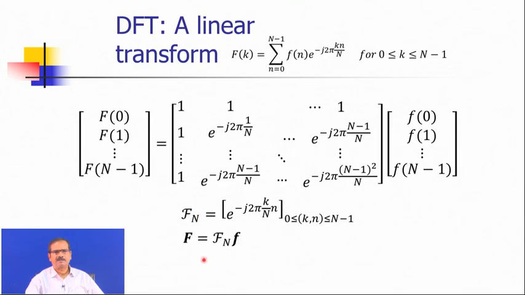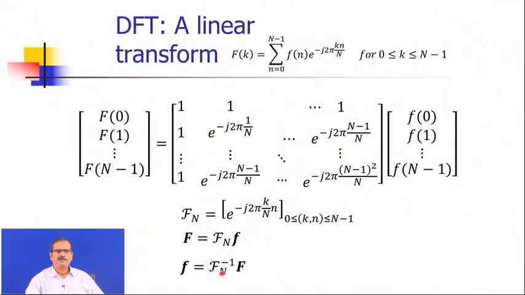So, in a forward transform, we are simply multiplying this transformation matrix with the column vector f, and then we get the output transform vector, which is actually the coefficients of the discrete Fourier transform.